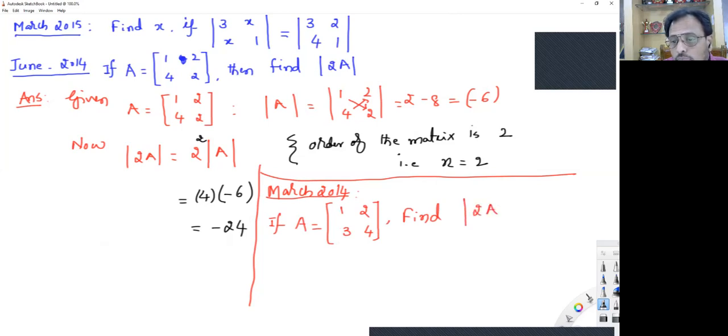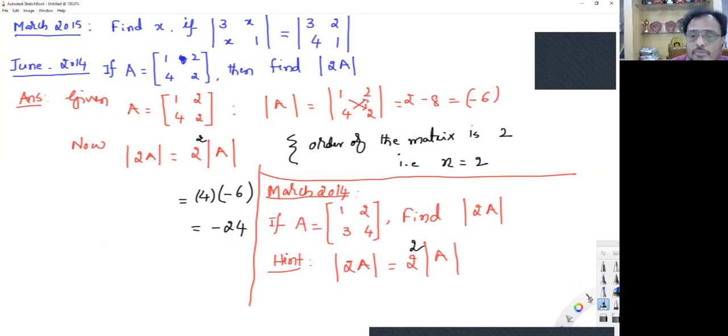How to find out determinant of 2A? Here 2 you can take outside, determinant of A you can write here, and the power of this 2 must be 2. Why? Because this is second order, therefore you have to write 2 square. Determinant of A you can write here and find out the solution. So this you can do as your assignment.